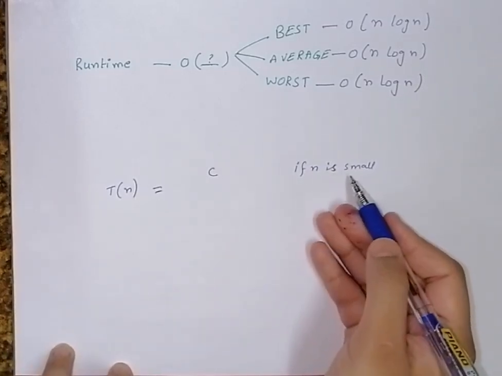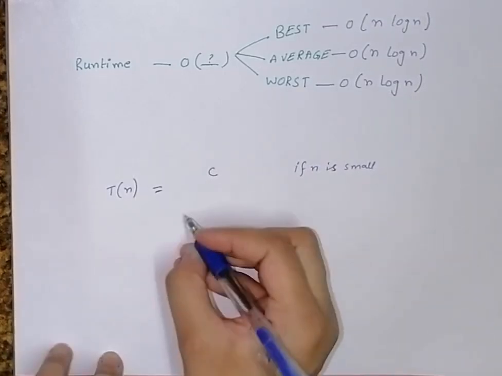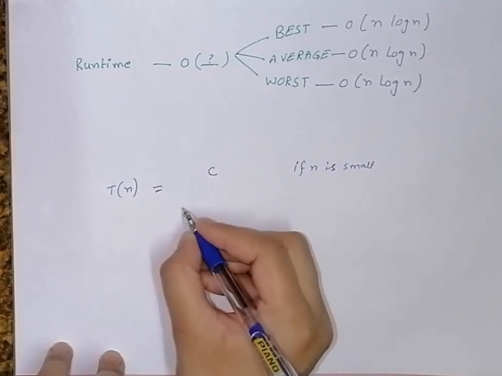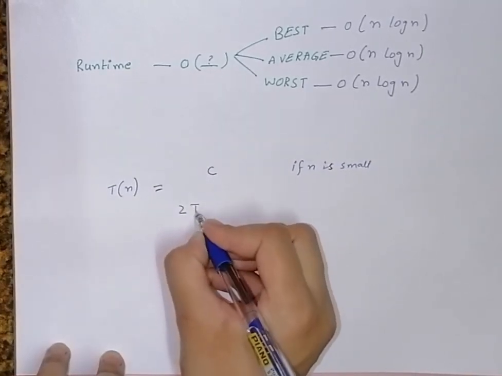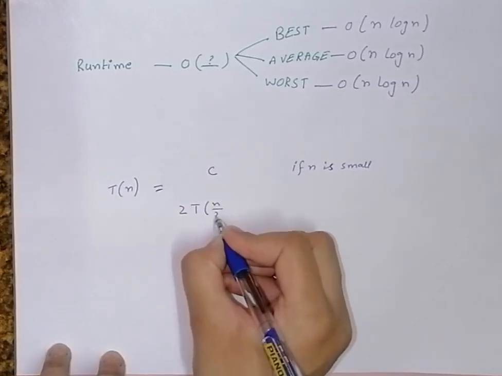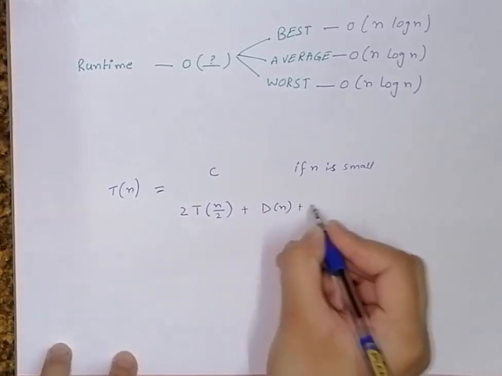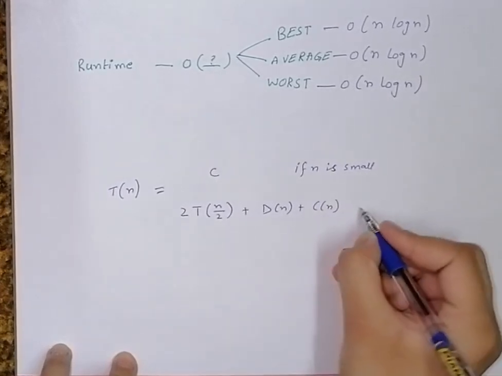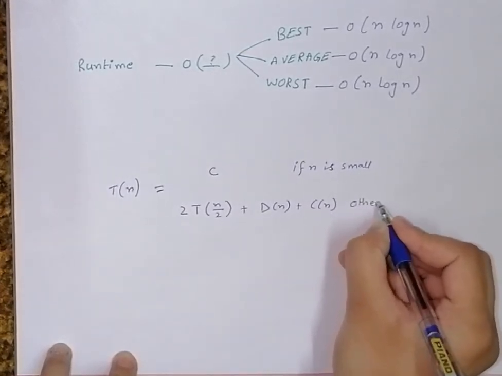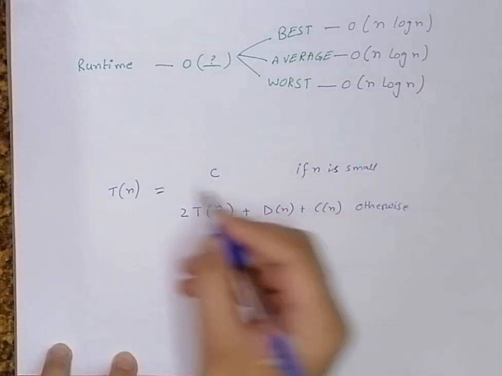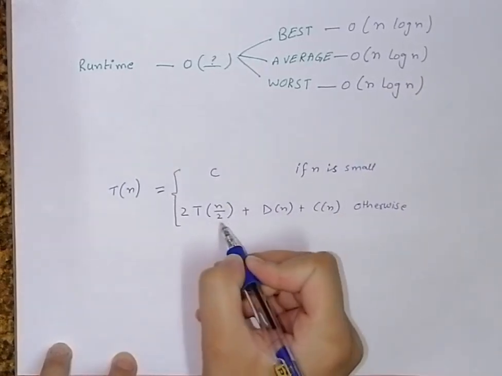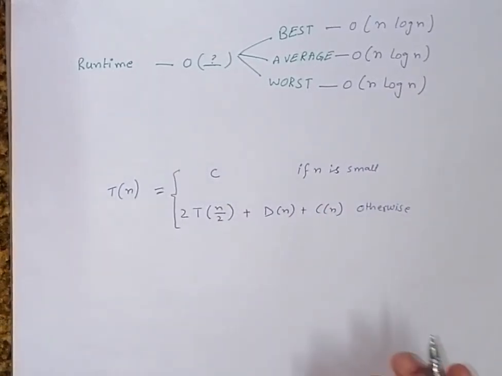Okay, if n is not small, n is a large value, then the equation of merge sort will become 2T(n/2) + D(n) + C(n) otherwise. Otherwise states here that n is a greater value, if n is not very small.